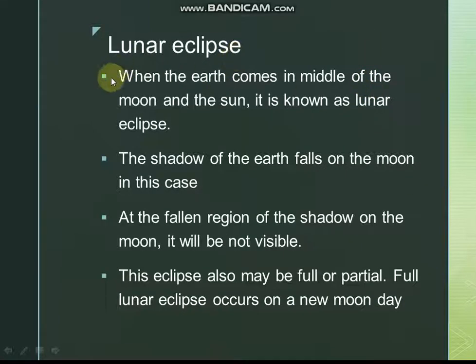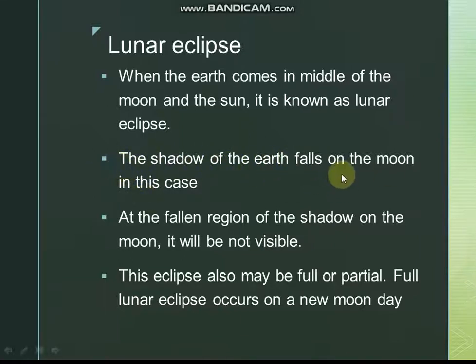Lunar eclipse. When the earth comes in the middle of the moon and the sun, it is known as a lunar eclipse. You can see this phenomenon at night. In our solar system, when the earth comes in the middle of the sun and the moon, the moon will not be seen fully, but it will be seen partially.